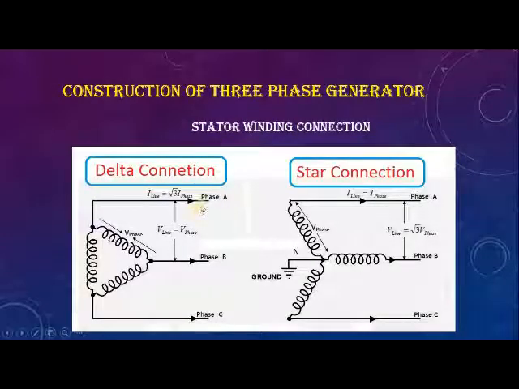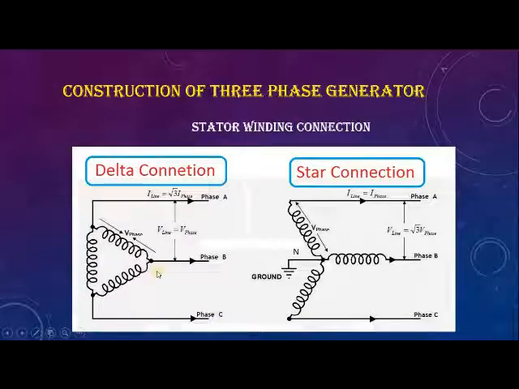For example, if you measure the voltage between this phase A conductor and phase B conductor, it is called line voltage, V line. V line is the line voltage which is measured between any 2 phases. Or if you measure between phase B conductor and phase C conductor, that is also line voltage. If you measure between phase A conductor and phase C conductor, that is also line voltage.